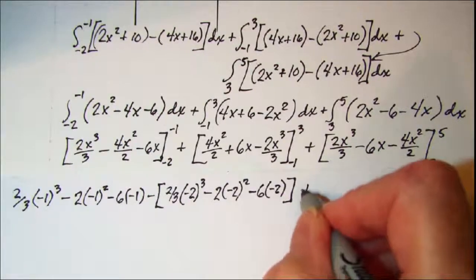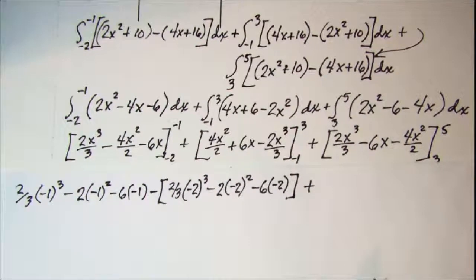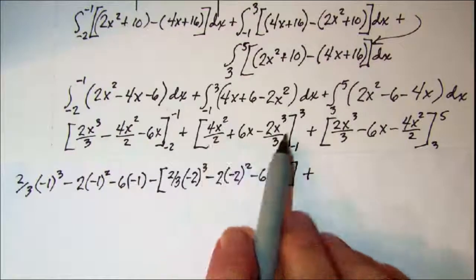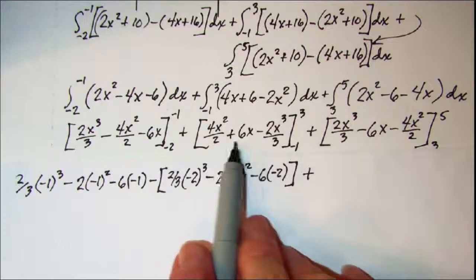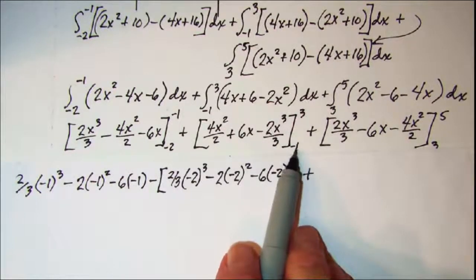And then add to that, this one we're going to sub in 3 first, and then subtract from that what we get when we sub in negative 1.